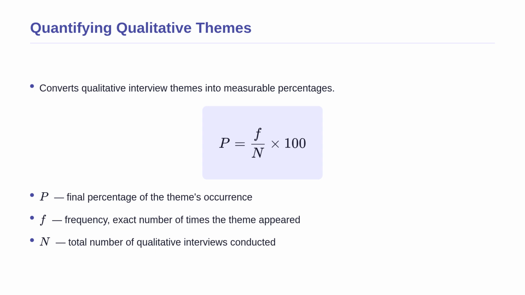The variable f stands for frequency, which is the exact number of times a specific qualitative theme appeared in our text. Finally, n represents the total number of qualitative interviews conducted. By dividing the frequency by the total and multiplying by 100, we turn descriptive words into universally understood metrics.